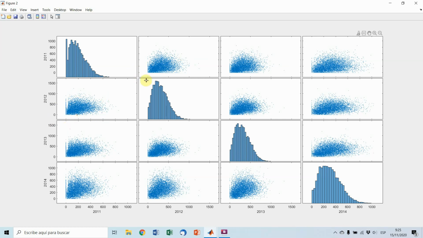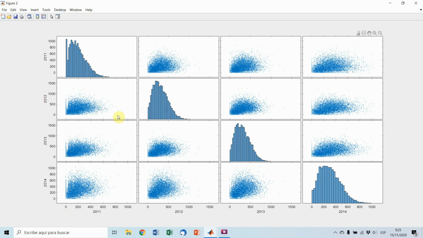variables. We see a shape that is more or less diagonally oriented. The other thing we can see is that there are some specific patterns, like this vertical line and this horizontal line. The vertical line are customers that didn't buy anything in 2011, but bought something in 2012, and the same for 2013, 14.